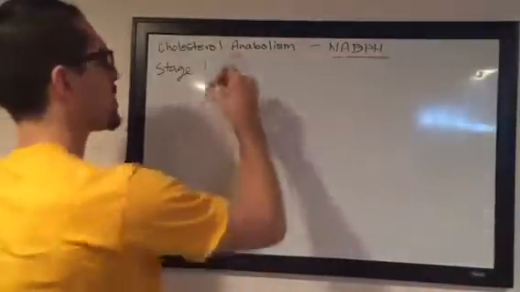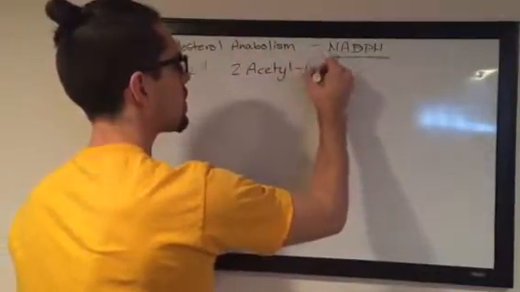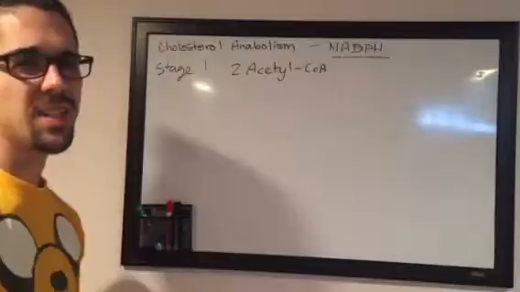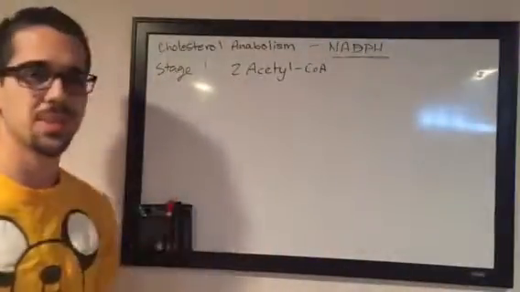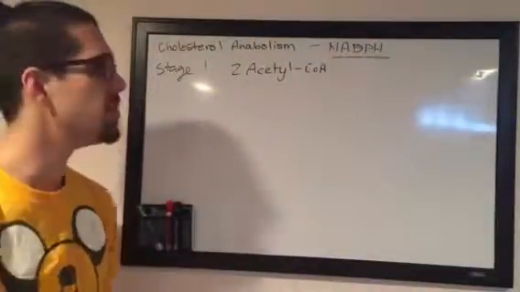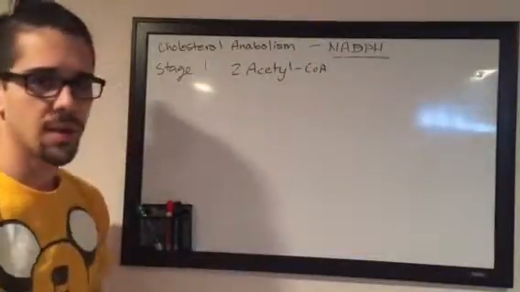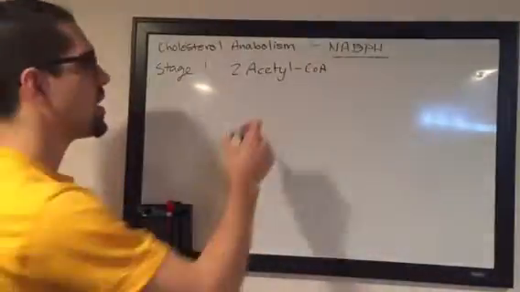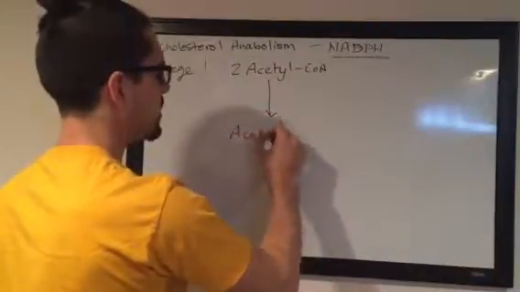So stage 1, we're going to start off with 2 acetyl-CoA. If you haven't already, watch the video on acetyl-CoA transport. That's super integral to this. That involves the malic enzyme, which is going to be producing the NADPH. So we've got an excess amount of acetyl-CoA, so we're going to take these and bind them together, bam, right like that, into acetoacetyl-CoA.